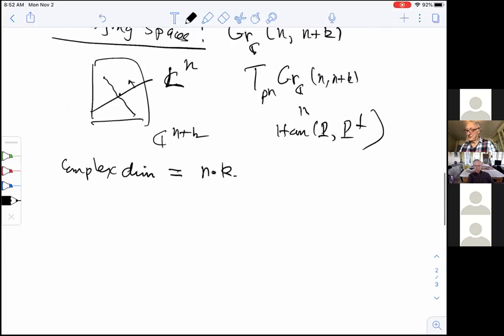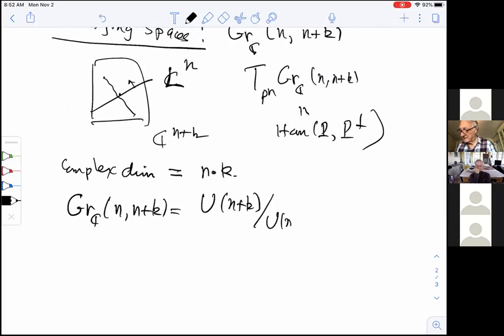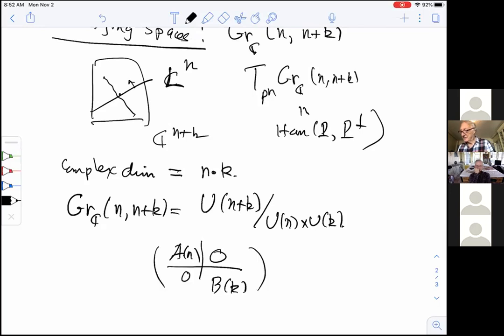In fact, these spaces are related to the unitary group. The Grassmannian of n planes in n plus k space is simply the unitary group U(n+k) divided by the product of the unitary groups U(n) and U(k). This subgroup is a subgroup of matrices of this form, A and B being unitary of degree n and k, and then zeros here. So any matrix like this fixes the first n-plane.